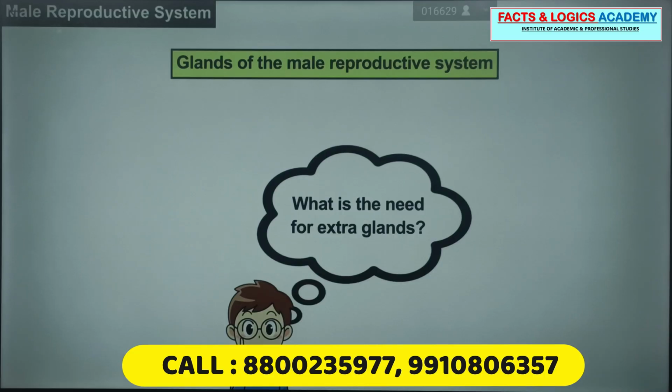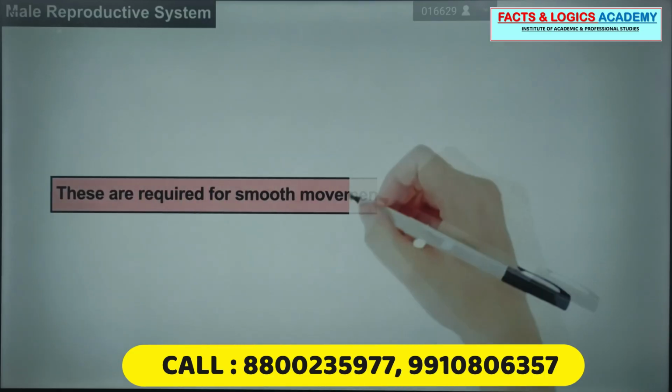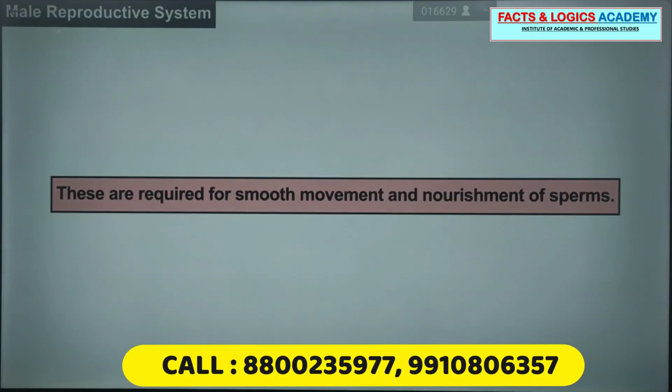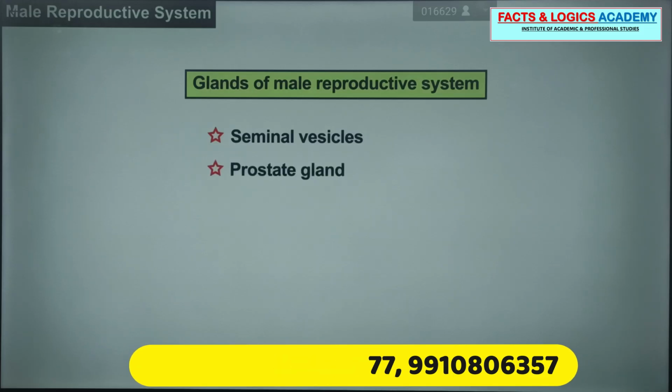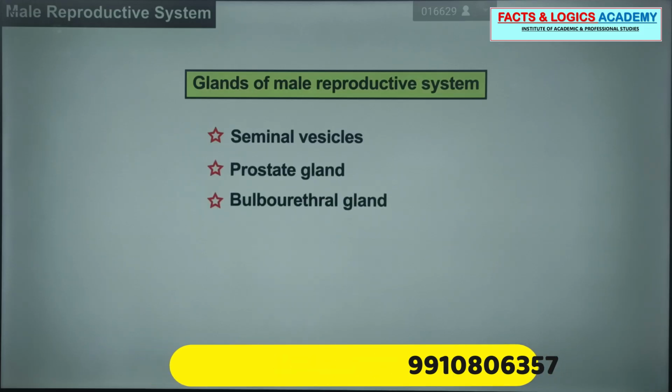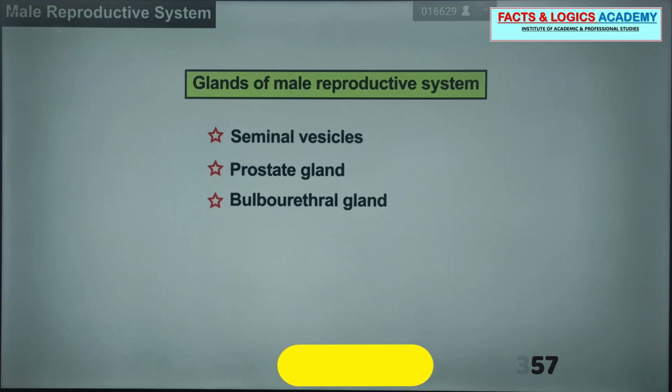Think about it. Yes, these glands are required for smooth movement and the nourishment of the sperms. These glands are as follows: seminal vesicles, prostate gland, bulbourethral gland. Let us discuss these glands one by one.